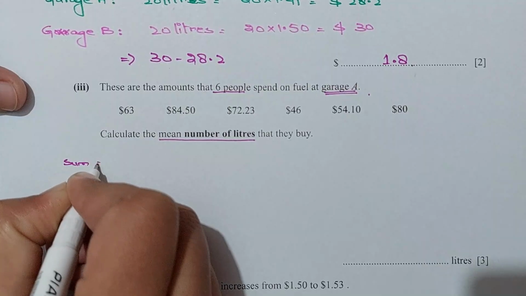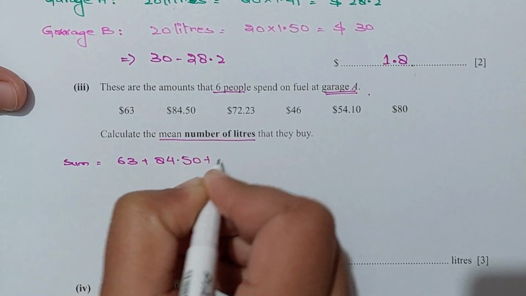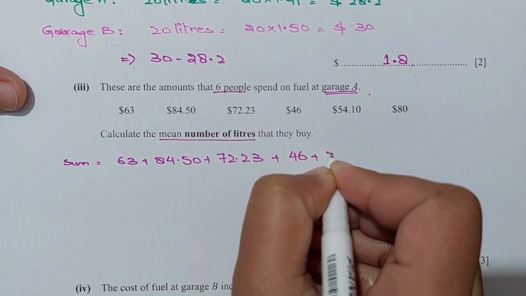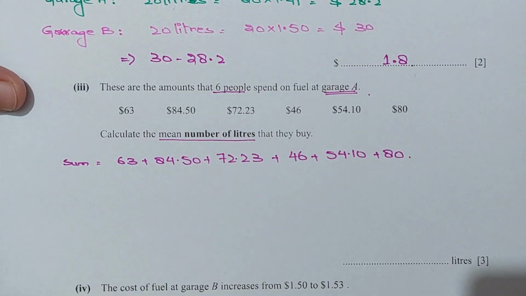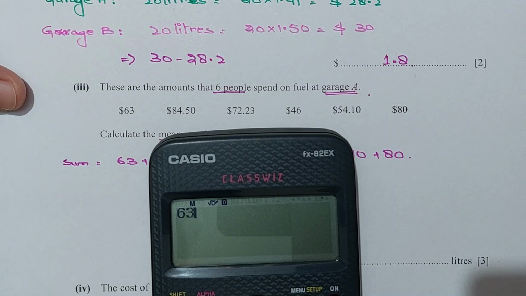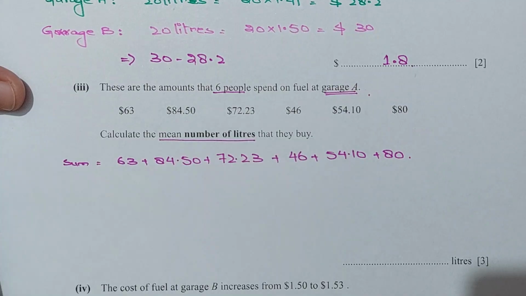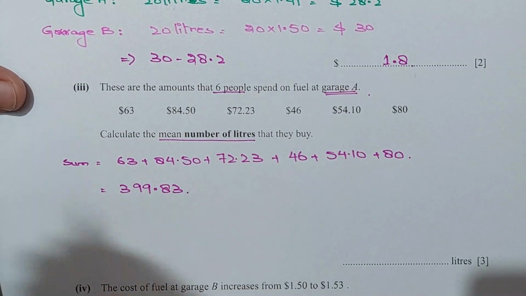The sum is $63, $84.50, $72.23, $46, $54.10, and $80. Let me calculate the sum first, which is 63 plus 84.50 plus 72.23 plus 46 plus 54.10 plus 80. So the sum is 399.83. This is the sum, right?